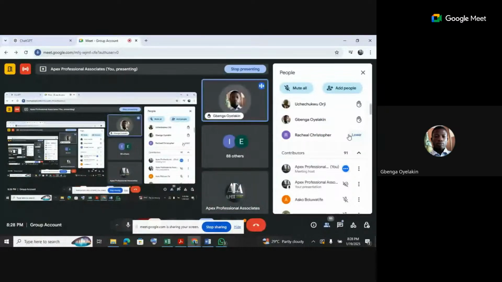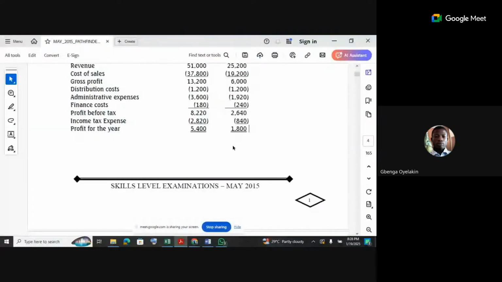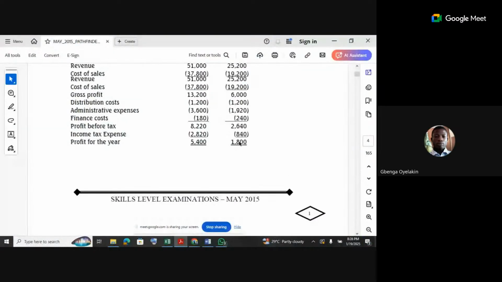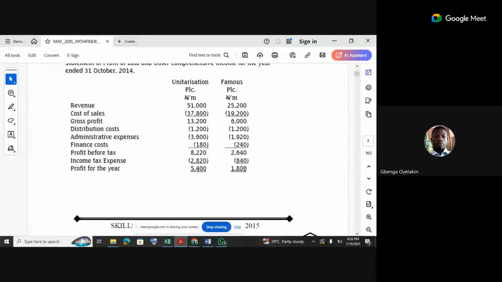From what I can understand from my side here, you said we are going to start from the group structure, whereby we are going to know what is the percentage of the parent and what's the percentage of the subsidiary.